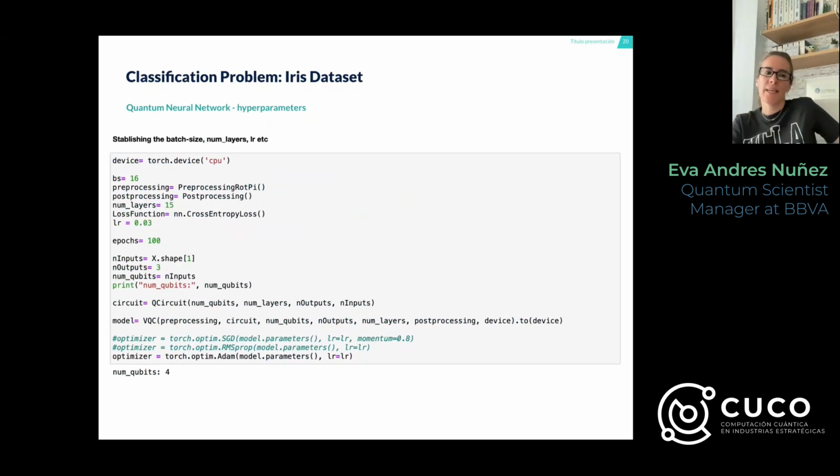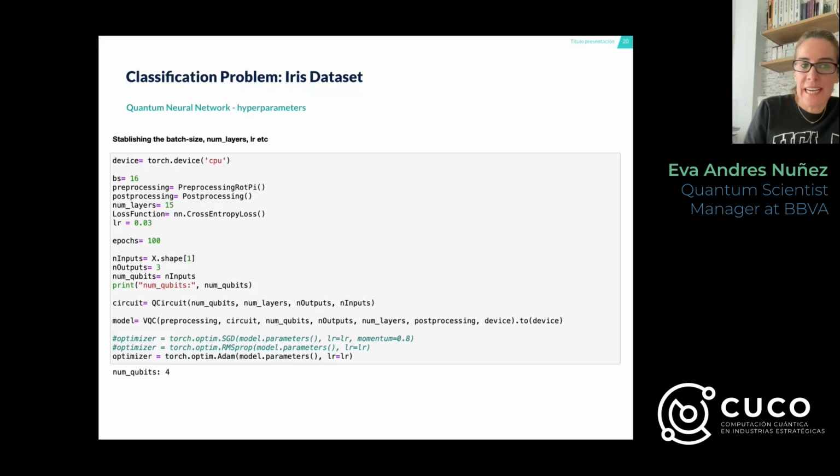So here we define the hyperparameters. We define the pre-processing function, post-processing, the number of layers. As you can see in the topology later, we repeat the ansatz layer 15 times.